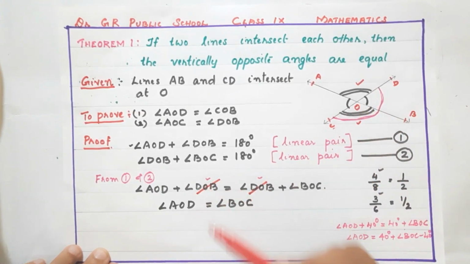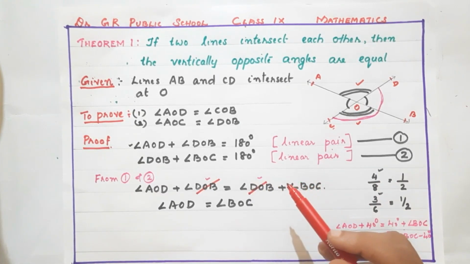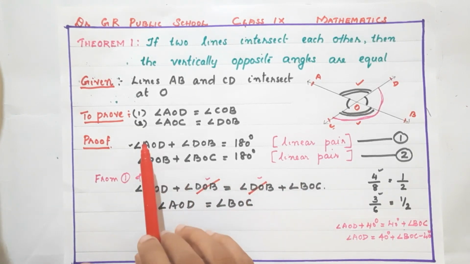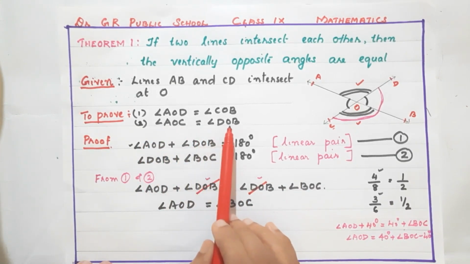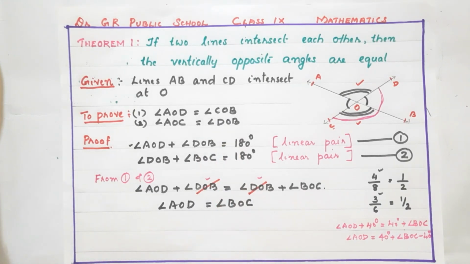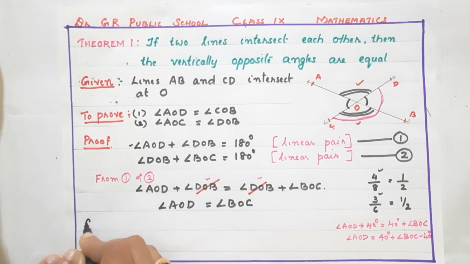The same type of steps we have to write. We don't want to repeat, so we can write similarly. We can prove angle AOC is equal to angle DOB. But you have to write it. It is compulsory. So we proved the first one. Now what can we write?